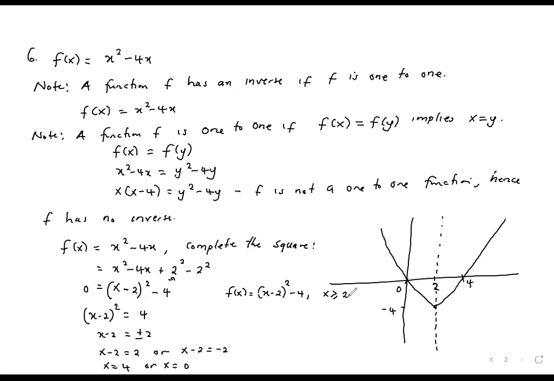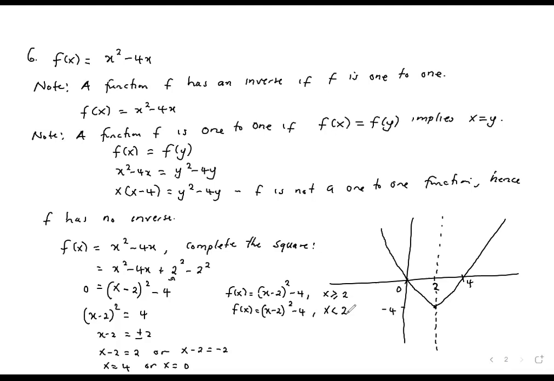It's the same function: f of x is x minus 2 squared minus 4 for x less than 2. So it has two domains, and you talk about each domain independently if you have to make this function invertible.